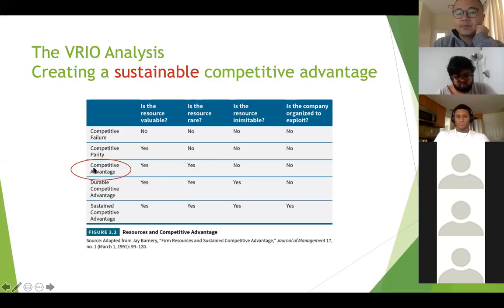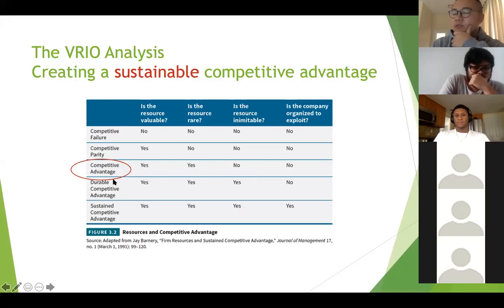And also here, they just use competitive advantage. I mean, this picture here is the same as what the Professor mentioned in his lecture. And here, the picture uses competitive advantage. That means the company has a competitive advantage from resources which are valuable and rare, but not inimitable.